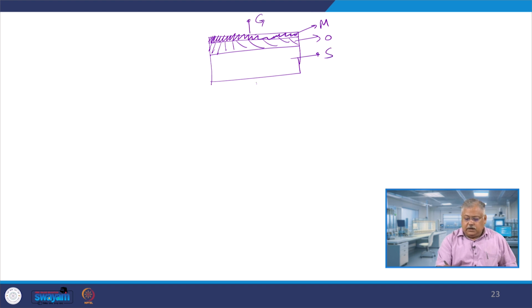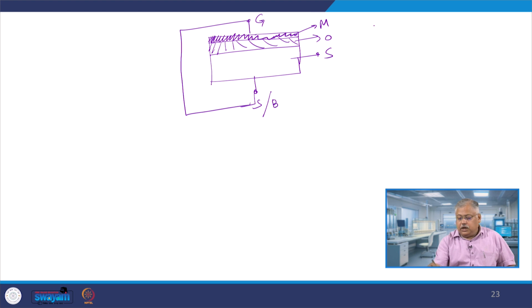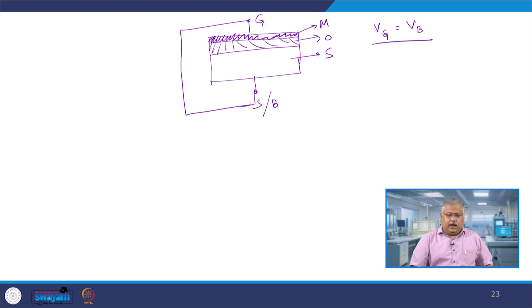This is my gate terminal, this is my substrate. Let me short gate and substrate, right. It primarily means that the substrate is also referred to as the body. So, Vg is equal to Vb, which means my gate potential and my body potential are exactly the same, correct.